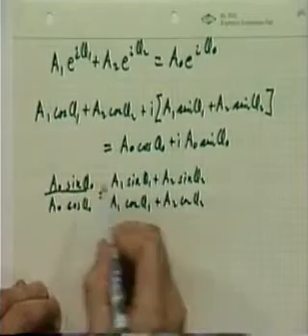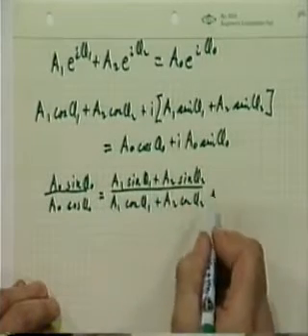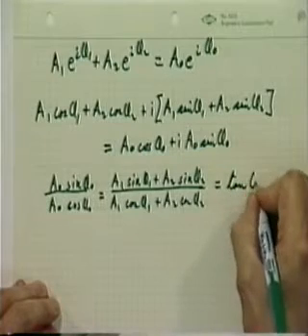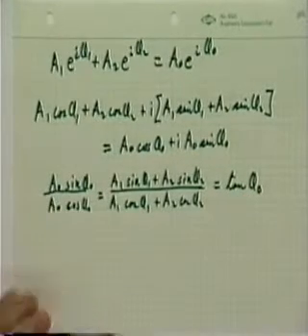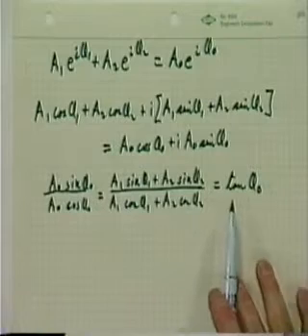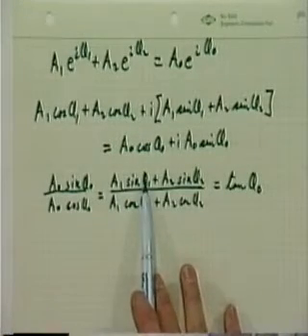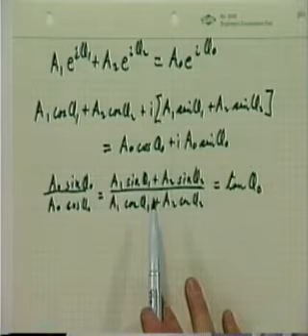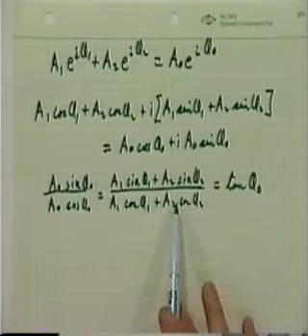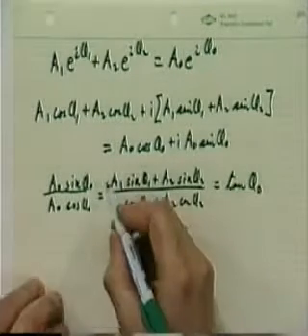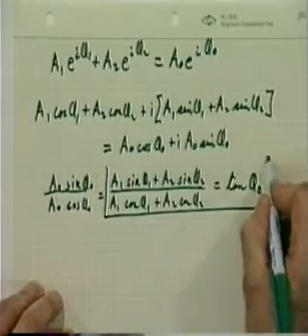And we'll do a division here then. Real parts are equal, imaginary parts are equal. And that's equal to the tangent phi naught. E naughts cancel. So the tangent of the phase of the resultant beam is equal to A1 sine phi 1 plus A2 sine phi 2 divided by A1 cosine phi 1 plus A2 cosine phi 2. Okay. So that gives us the phase of the resultant.